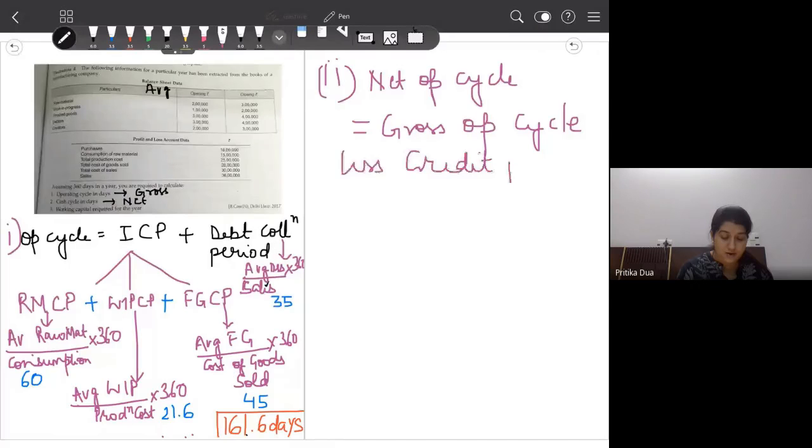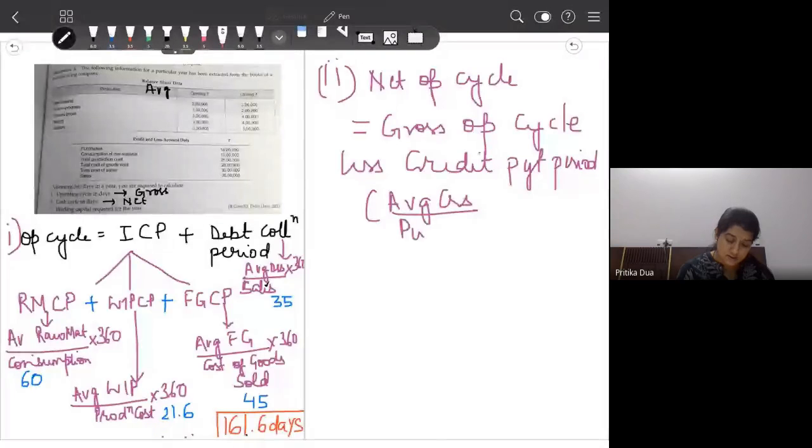That will be calculated as average creditors divided by annual purchases into 360. So just check what is the answer coming to.